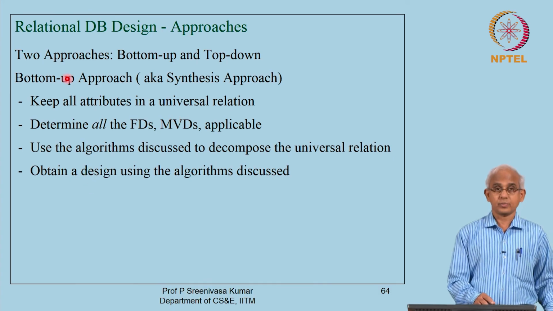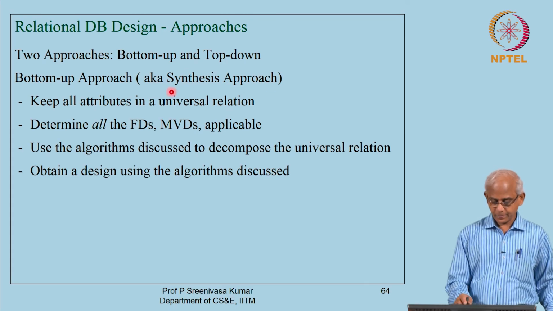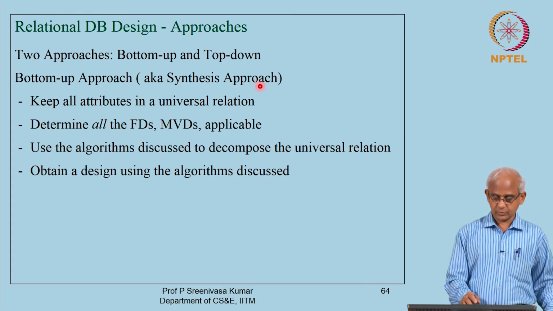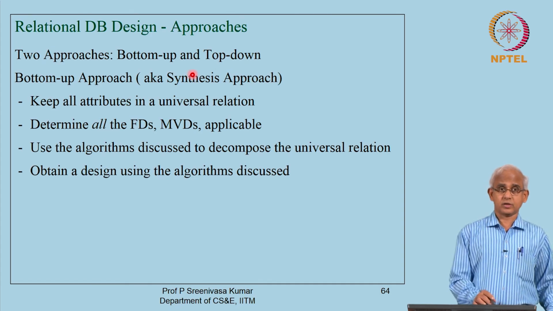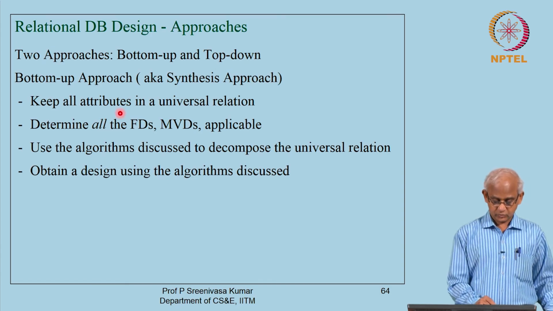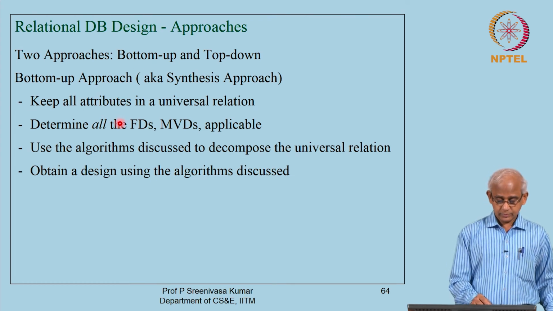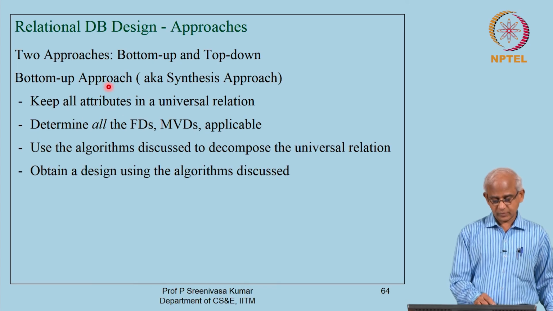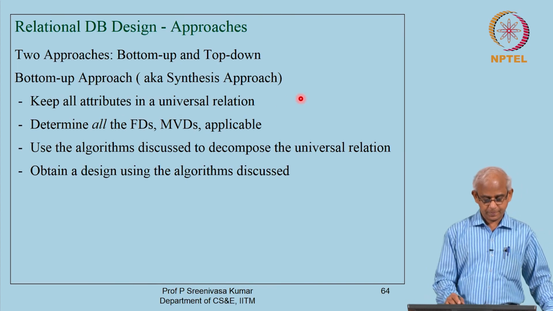So, the bottom up approach is also called the synthesis approach. In the synthesis approach, we identify all the attributes of interest in the database that we are modeling, and keep all these attributes in a big universal relation.